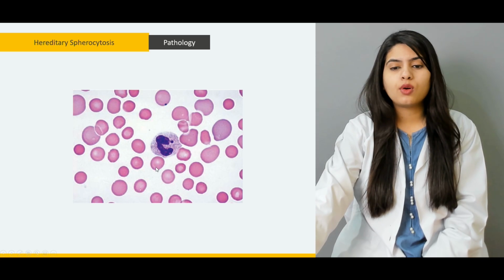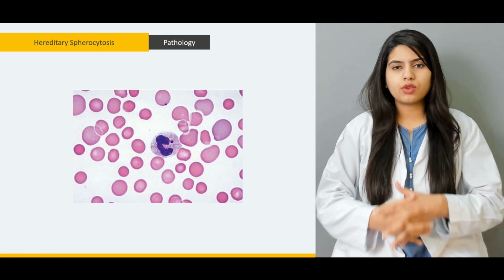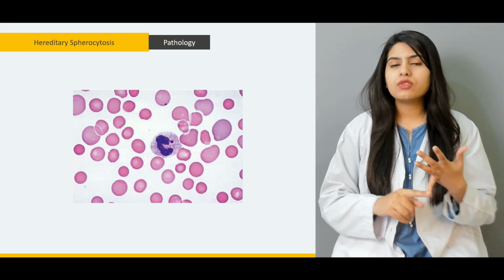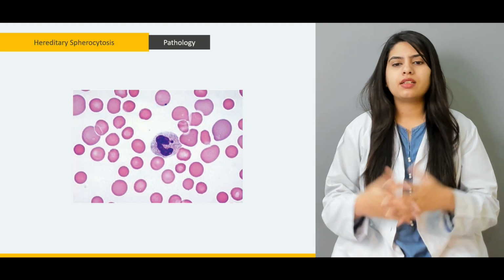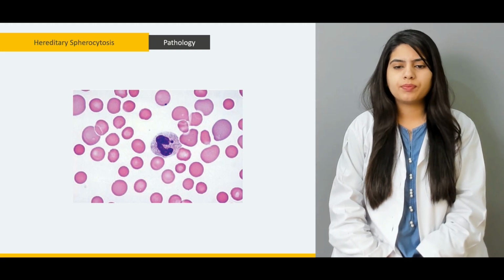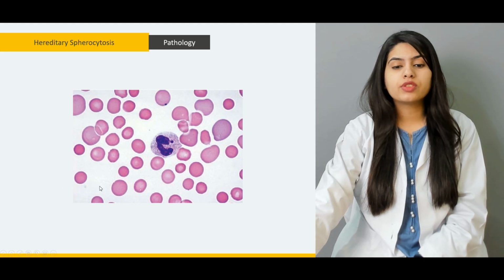In hereditary spherocytosis, reticulocytosis and poikilocytosis also occur, since these are abnormally shaped cells. This is how you distinguish these cells, and they are more spherical as compared to normal red blood cells.